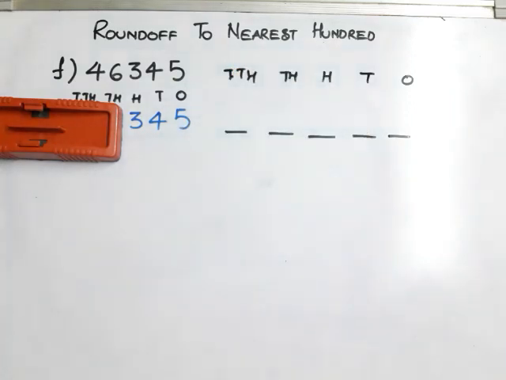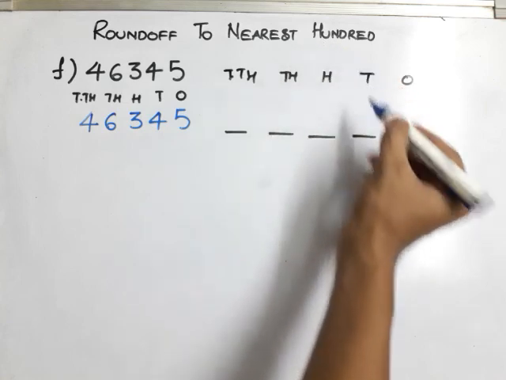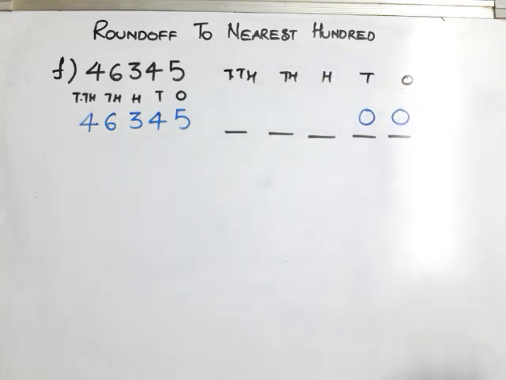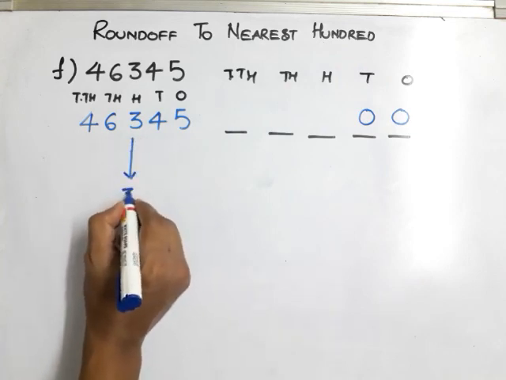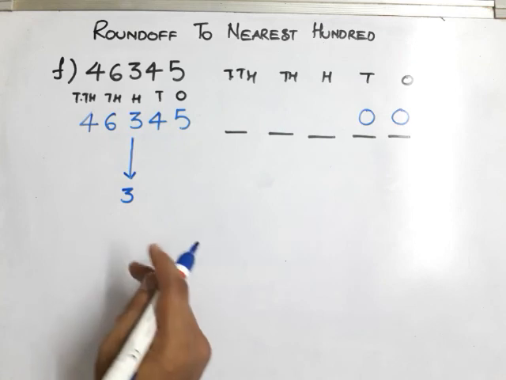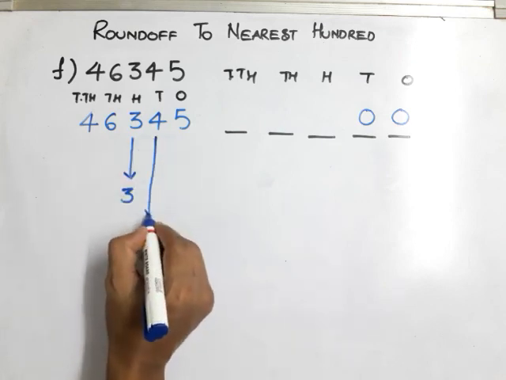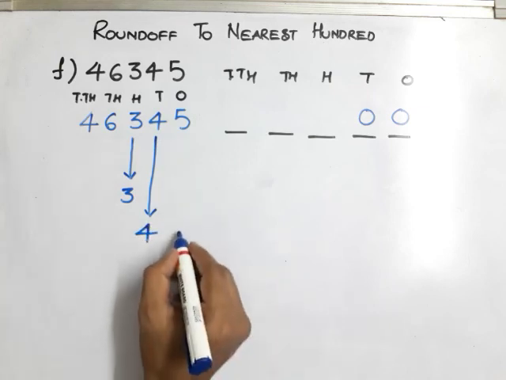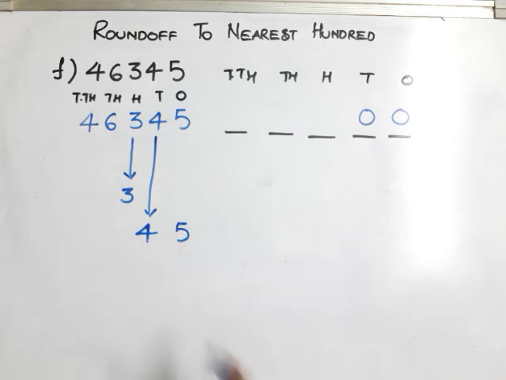Now let us look at the numbers. As we have to round off to nearest hundreds, the digits in ones and tens will be occupied by 0 anyway. What about the digit in hundreds place? It is 3. To decide about rounding off this 3, we check the digit in tens place, which is 4. We compare it with 5.